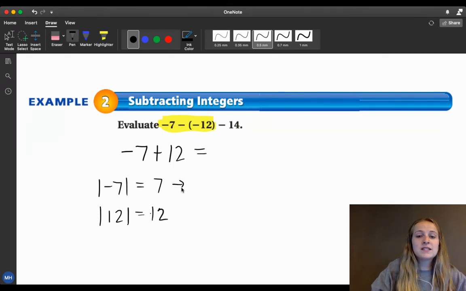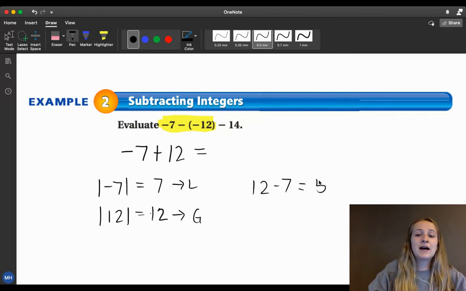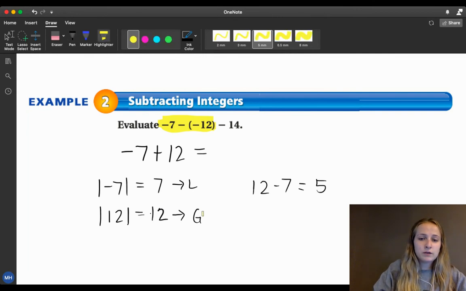All right, so this is the lesser absolute value, and this is the greater absolute value. So remember, we subtract the lesser absolute value from the greater absolute value. So 12 minus 7, that is going to give me 5. And then we need to take the sign of the greater absolute value, which is 12, and it looks like that was already positive. So we are going to leave it as 5.